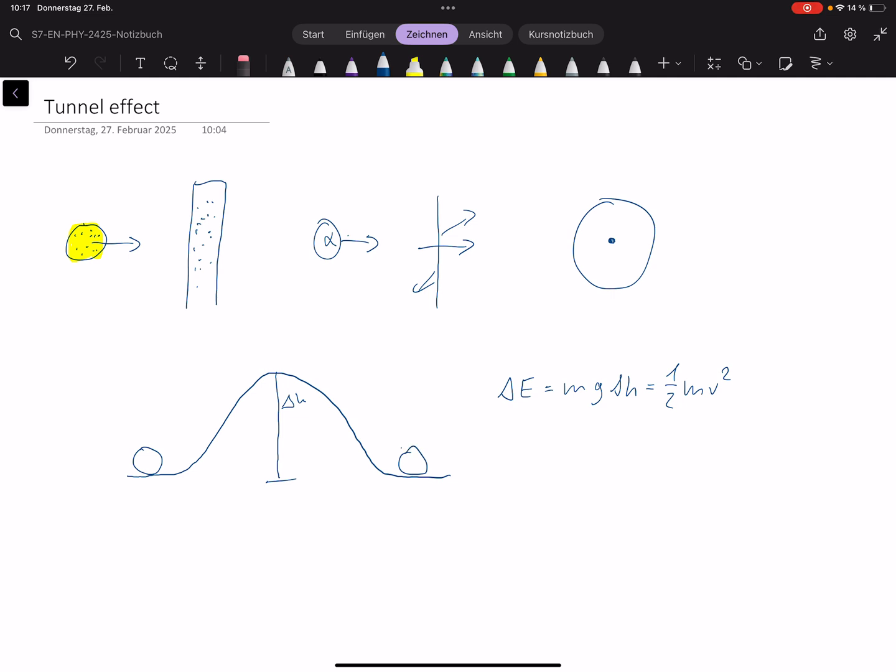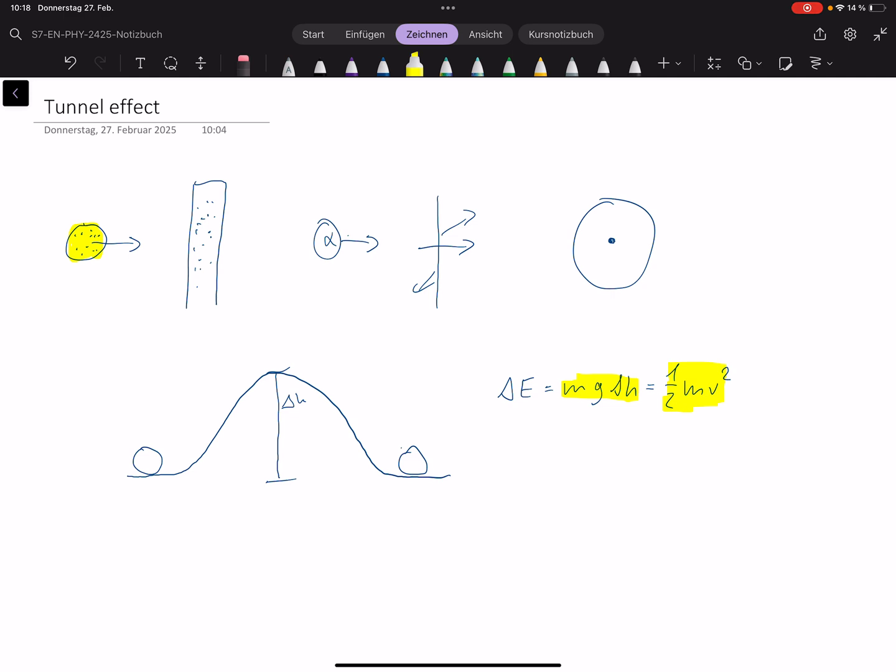That means we have to shoot it and give some energy to the ball in order to overcome this energy barrier with the height delta H. So the football needs that much energy to gain that potential energy, or to overcome it. And in order to do that, it needs kinetic energy.